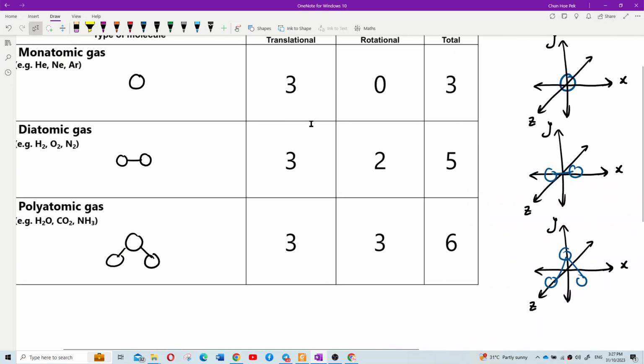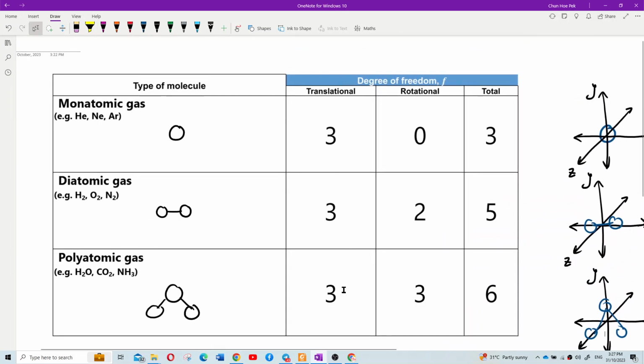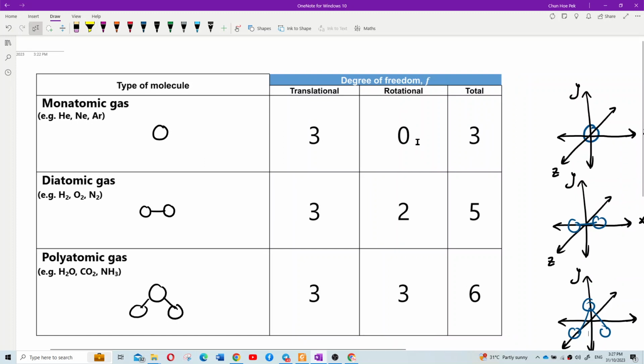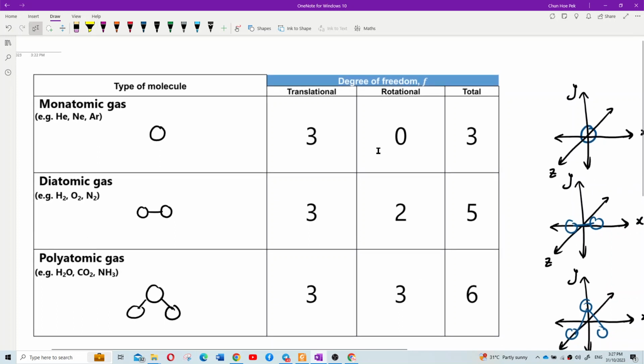So all of them have 3 degrees of freedom. But for rotational motion, that's not the case. Monoatomic has 0 degrees of freedom for rotational, diatomic has 2, and polyatomic has 3. Why is it, class?